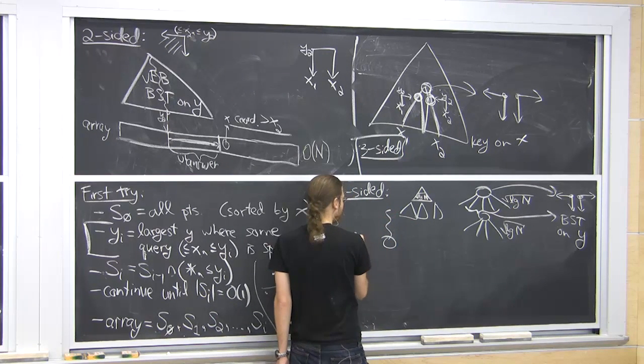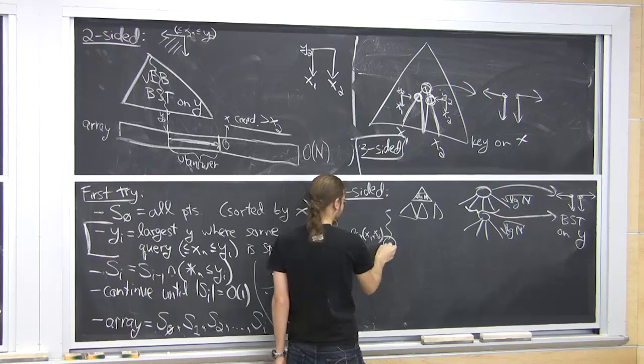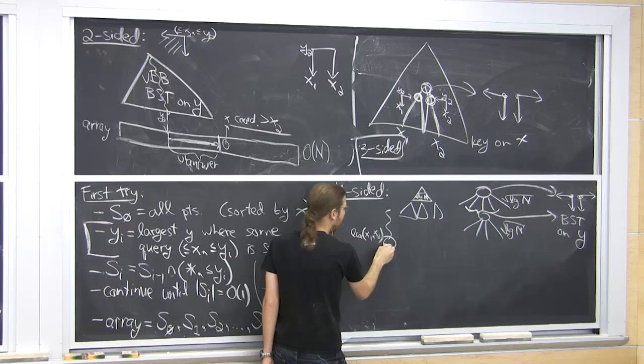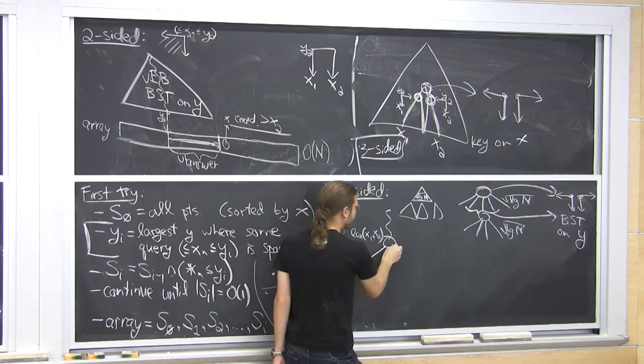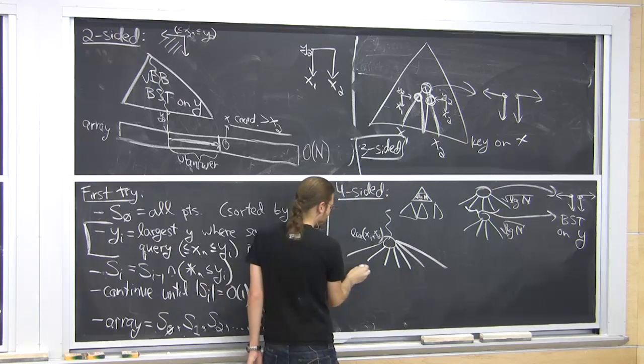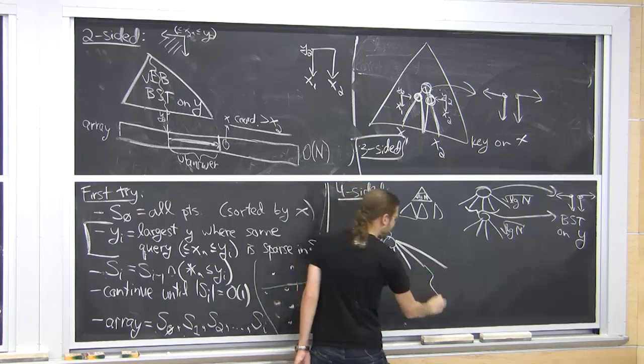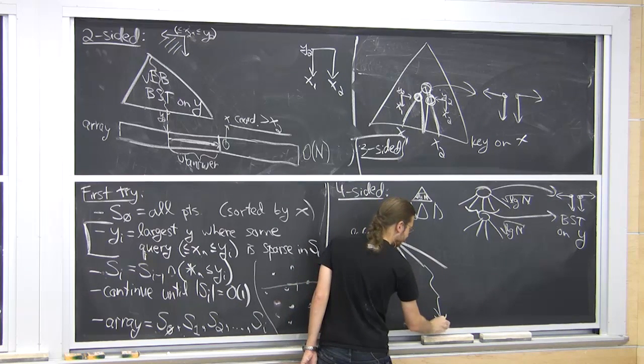Why? Because if we do a search, same deal. We find the LCA of x1 and x2. Let's say it's on x. We'll have to do it again on y, whatever. So here's the LCA. Let's say there's a lot of children. Maybe here is x1, and here is x2.